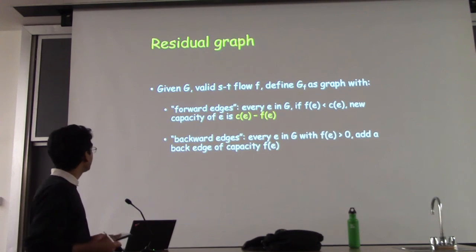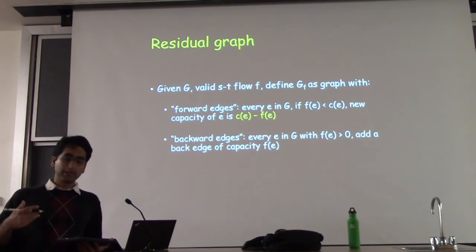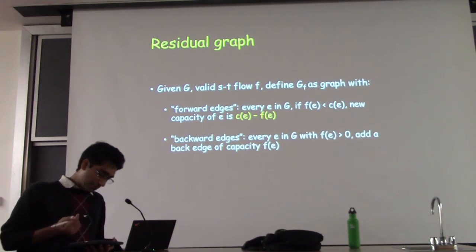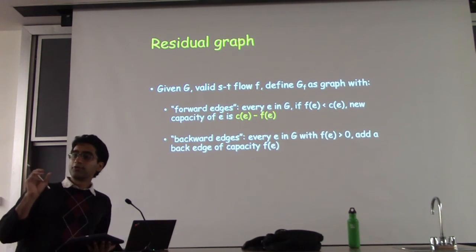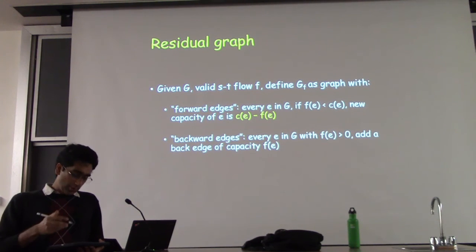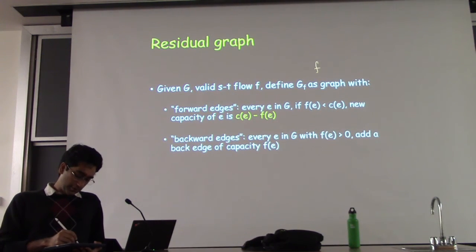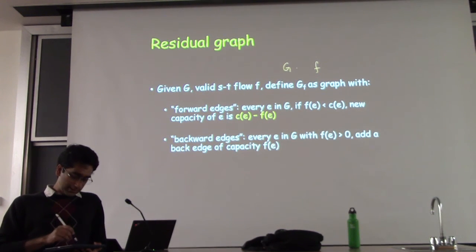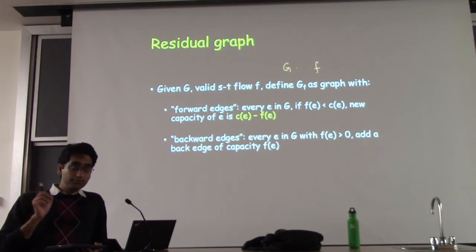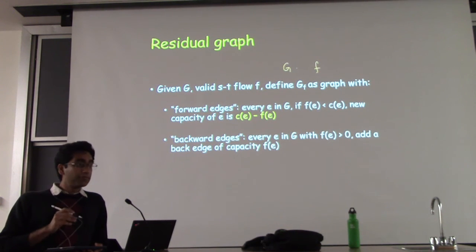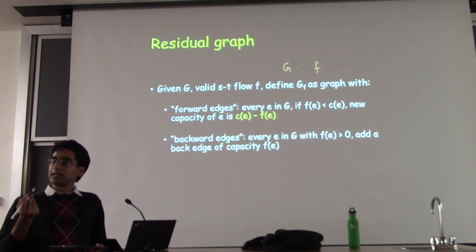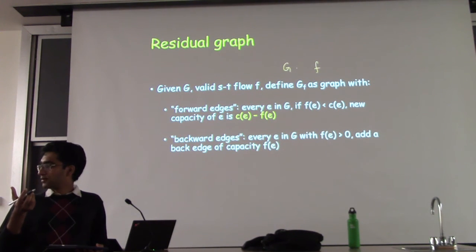Alright, so we defined the residual graph as follows. Maybe I have a picture. Yes, I have a picture. Formally, what we did was you have this flow f and the original graph G. In G sub f, you will have two things: forward edges and backward edges. Forward edges are simply the edges that existed before, except that you will change their capacity.